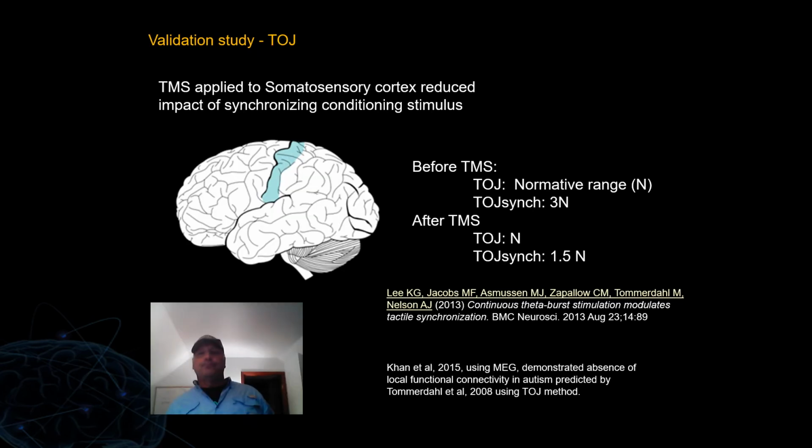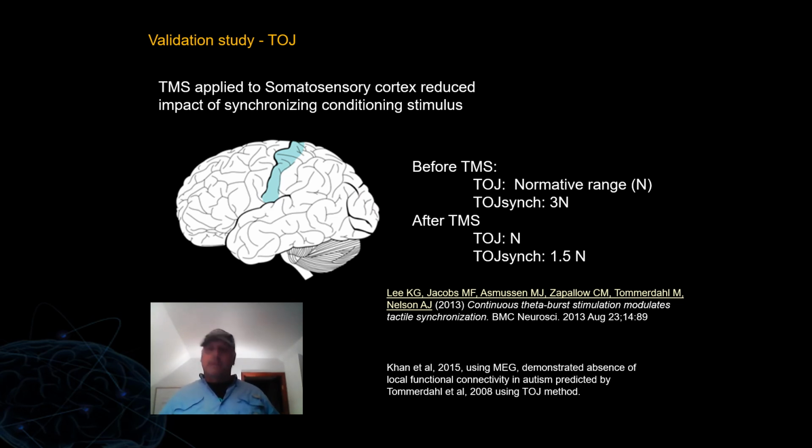We also did a validation study where we applied TMS. TOJ was in the normative range, and then the TOJ synchronizer carrier was 3 times the normal. When we applied TMS to somatosensory cortex, TOJ went back to normal and actually outperformed what it did before.